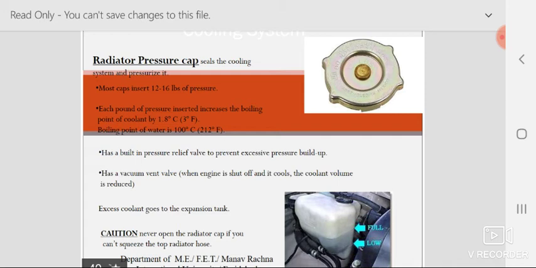Water boils at 100 degrees centigrade at atmospheric pressure. But if you increase the pressure, the boiling point increases. You have read this in thermodynamics. So in the radiator we are increasing the pressure, and as a result the boiling point is getting increased.